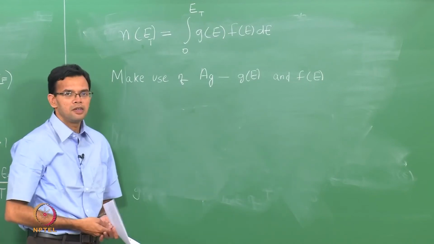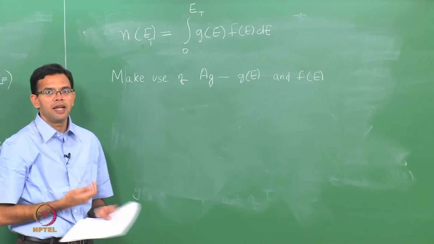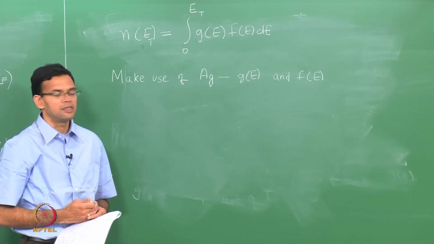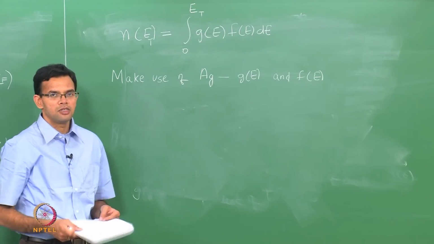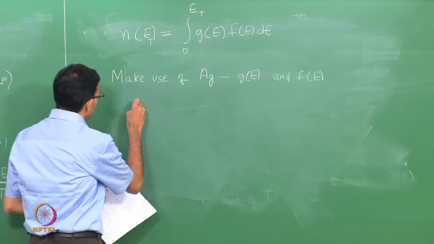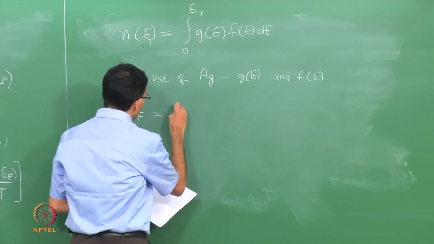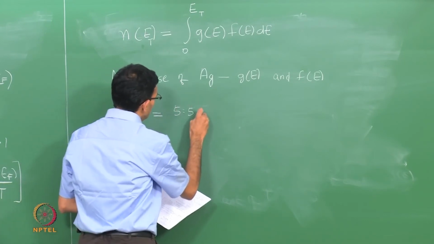So, silver is a metal which obeys the nearly free electron model. Each silver atom will contribute 1 electron. It is also a metal, so you have a band that is half full. So, these electrons are available for conduction. The Fermi energy of silver is 5.5 electron volts.